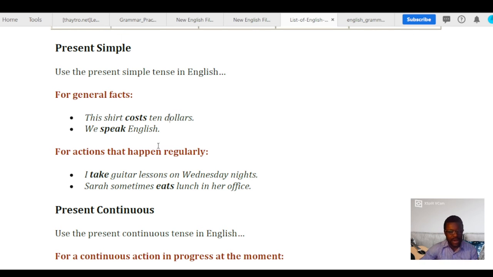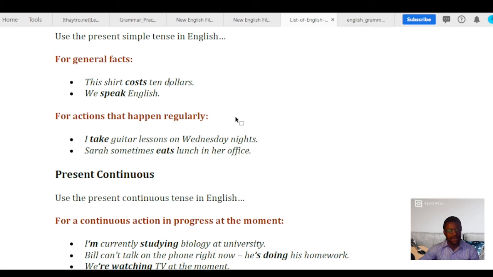And one more thing, you have to remember that our sentences come in three different patterns. You have the positive, you have the negative, and you have the question. So okay, let's move a little further. For actions that happen regularly, repeated actions, that's what they mean. For example, every day you eat your breakfast.